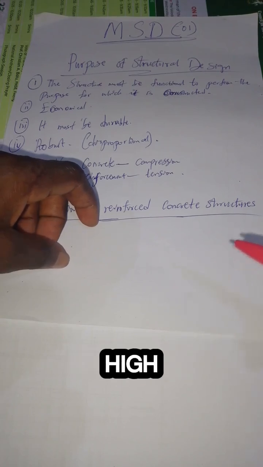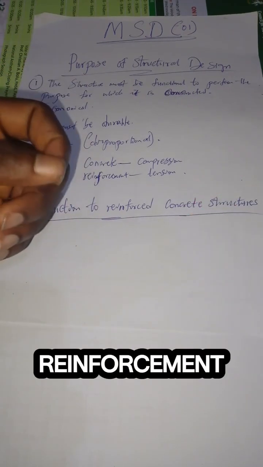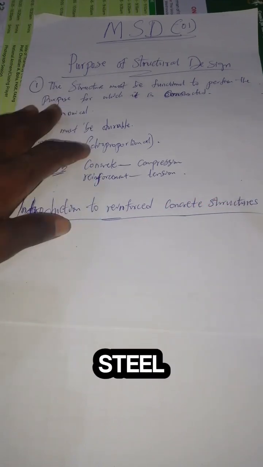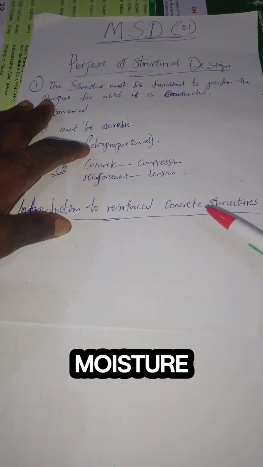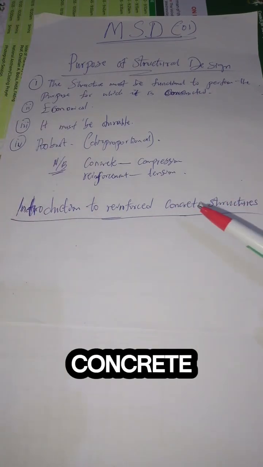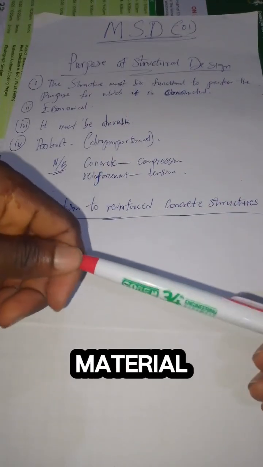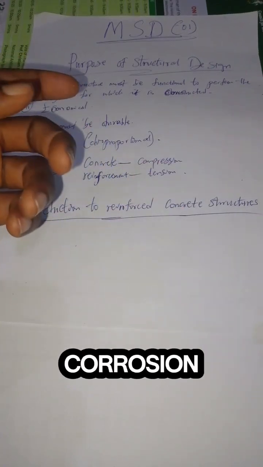However, due to high temperature from thermal effects, the reinforcing steel will suffer melting and corrode if exposed to moisture. Therefore, the concrete, which is a fire-resistant material, will protect the reinforcement against corrosion and fire.